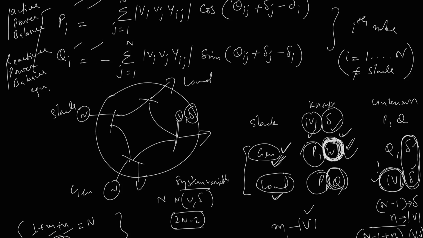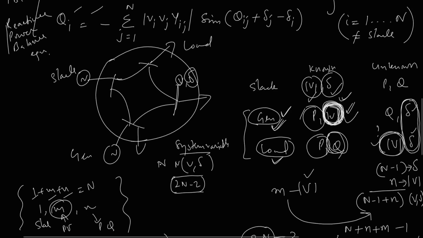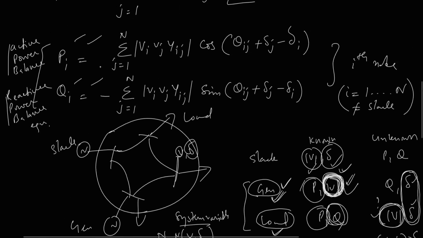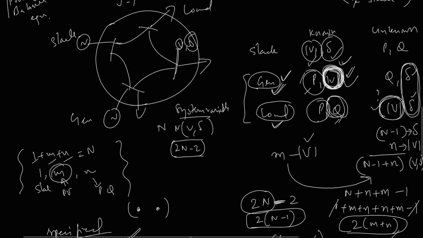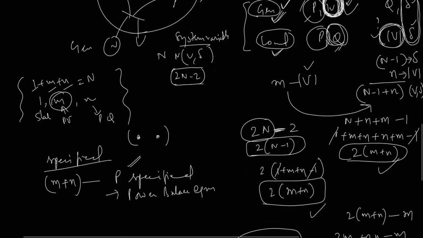So the possibility of writing the power balance equation depends upon the P and Q specified quantities. P is specified at both generator buses and load buses. That means with m generator buses and n load buses, m plus n active power balance equations can be written.